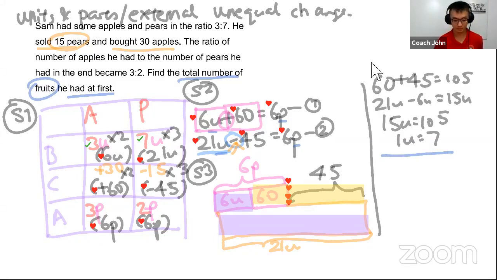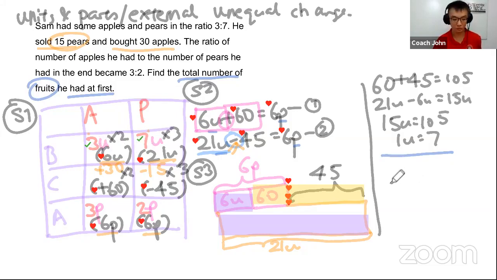Okay, for simultaneous equation, you need to balance this. Remember, you need to balance this to solve. So are 6U and 21U the real units? No, they are not. They are multiplied so that the parts are equal. The actual units that represent the total number of pears and apples are actually 3 and 7.